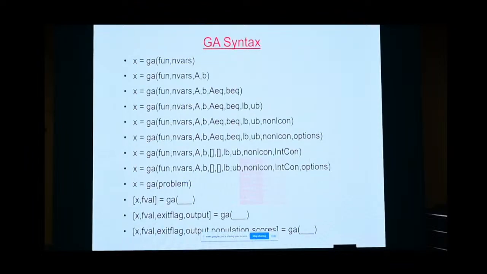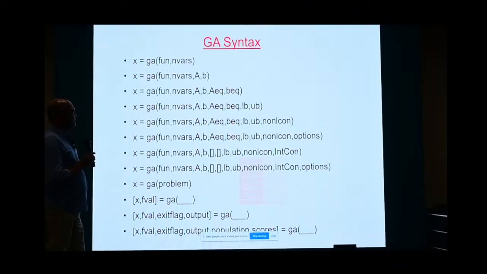There are many syntaxes. That is the simple syntax where you only enter the function name and the number of variables. Then you can enter the equality and inequality constraints, A, b, and Aeq and beq, and then you can specify the bounds, lower bound and upper bound, lb and ub.